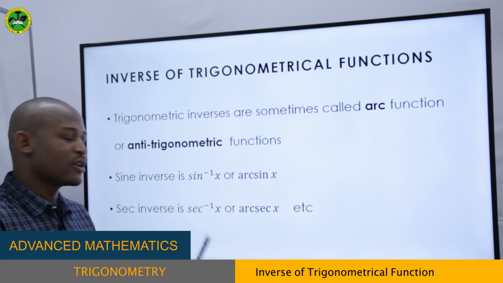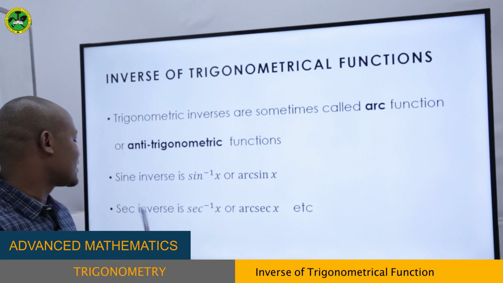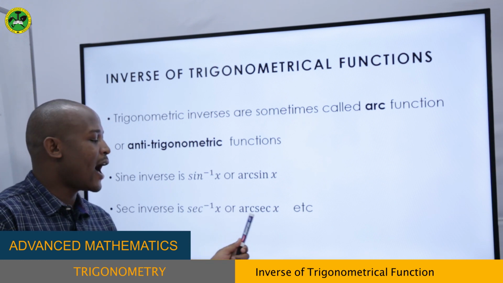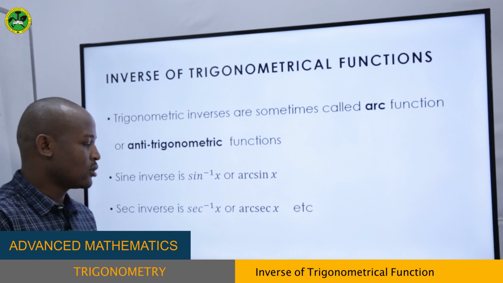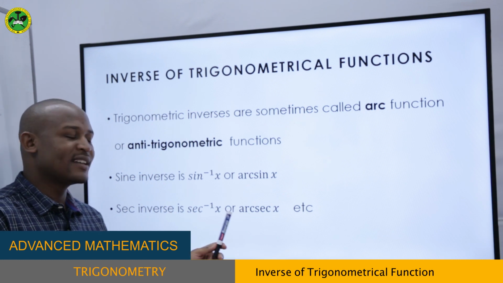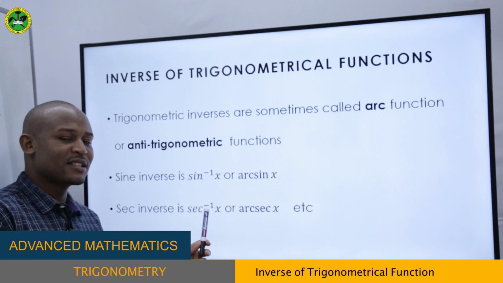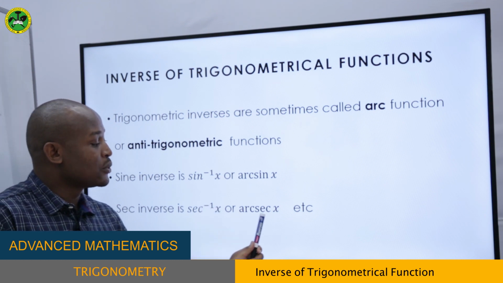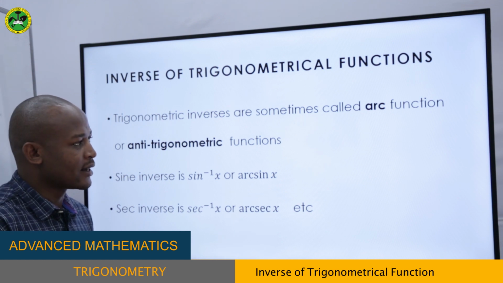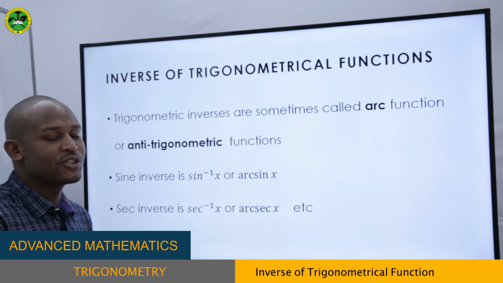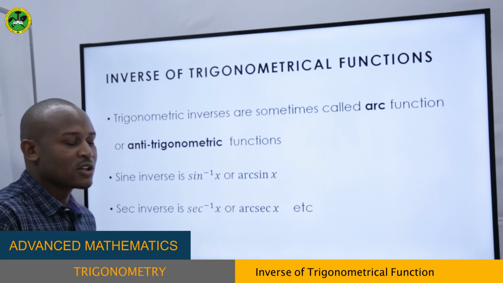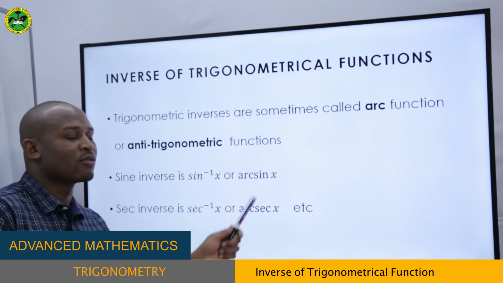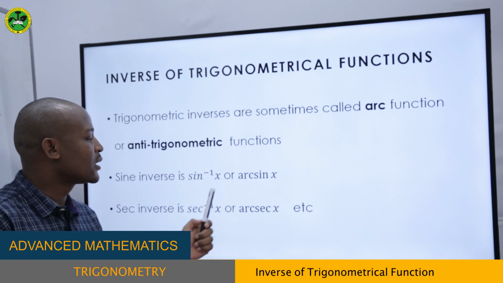The same applies to tan, cos, and the rest. Also, sec inverse of x is sometimes known as arc sec of x. If you see these two words, don't be confused. They just represent the inverse of the trigonometric functions.